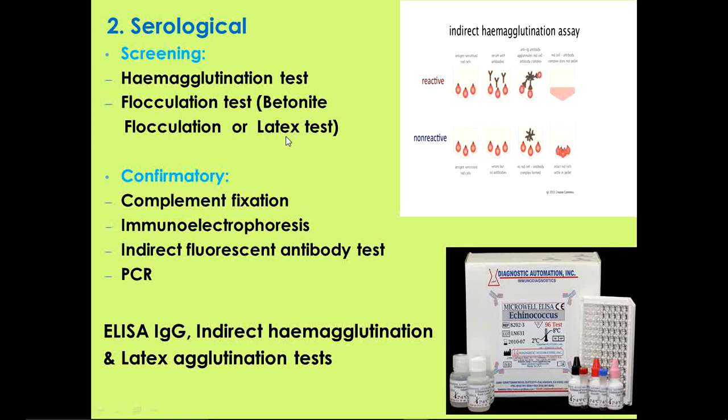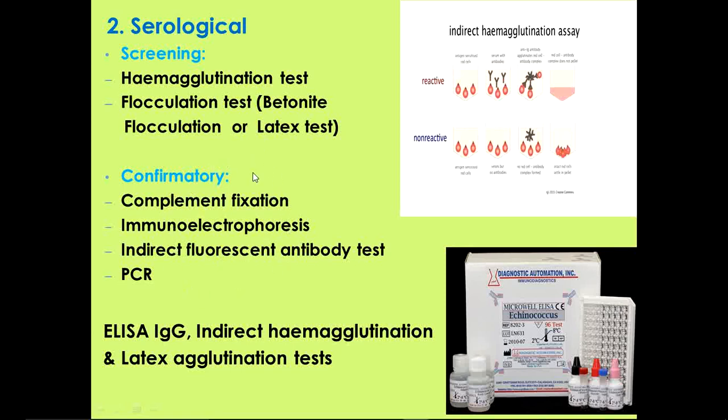Both of these are coated with hydatid cyst fluid as an antigen, and in both of these tests the serum is diluted and then mixed with these antigens. The floccules are considered a positive test in case of bentonite flocculation test, and if there is a heavy precipitate, it is taken as a positive test in case of latex test.